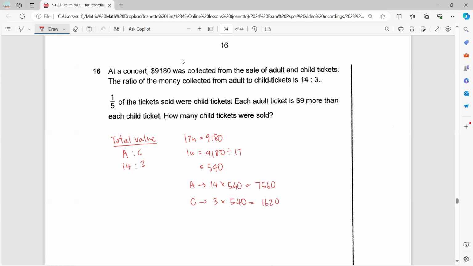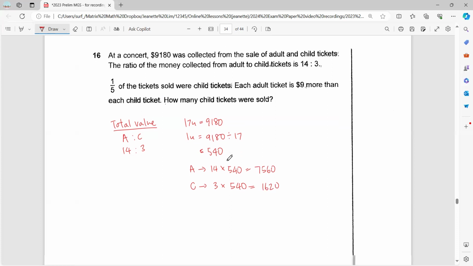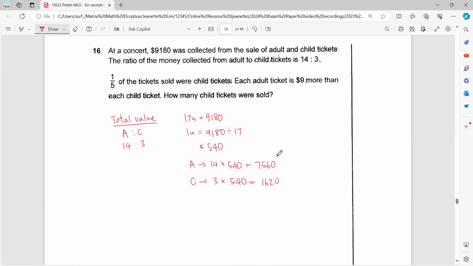Okay, so we already know how much is being collected for adult tickets and how much is being collected for children's tickets, right? And we know the ratio of the amount sold, which is 1 to 5. But how are we going to use these values to help us find the cost of the children's tickets as well as the adult tickets, because they only gave us the difference, right?